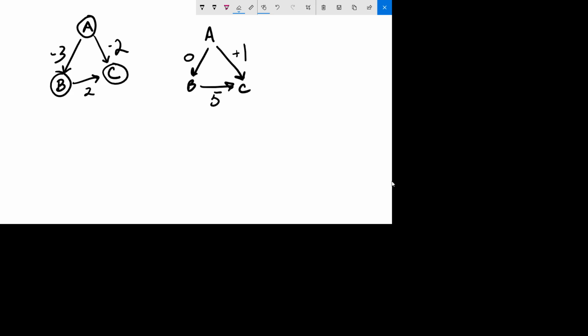So there has to be some example somewhere where that scaling makes it not work. The root of the problem is that when you add the same amount to each weight, you're penalizing large paths twice. So a path of length 2 is being penalized twice by adding to it, whereas a path of length 1 is only being penalized once.